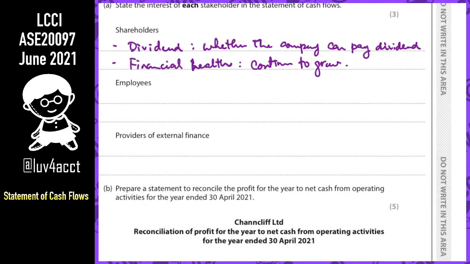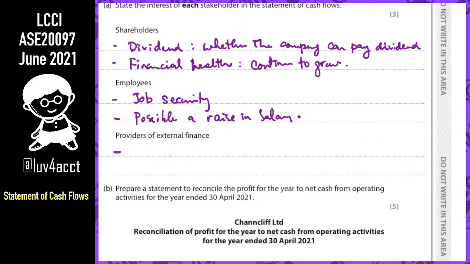Employees, we are always looking for job security, and also whether it is possible to have a raise in salary. Providers of external finance are always interested in whether they can repay the loan in time, not just the loan but also the interest.